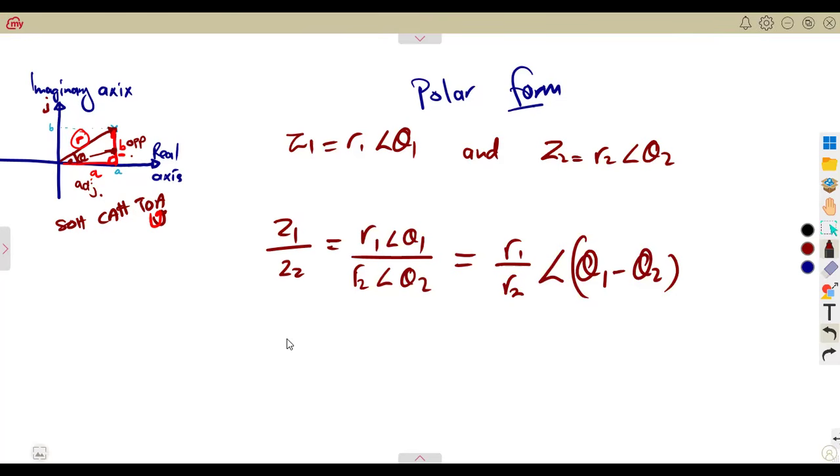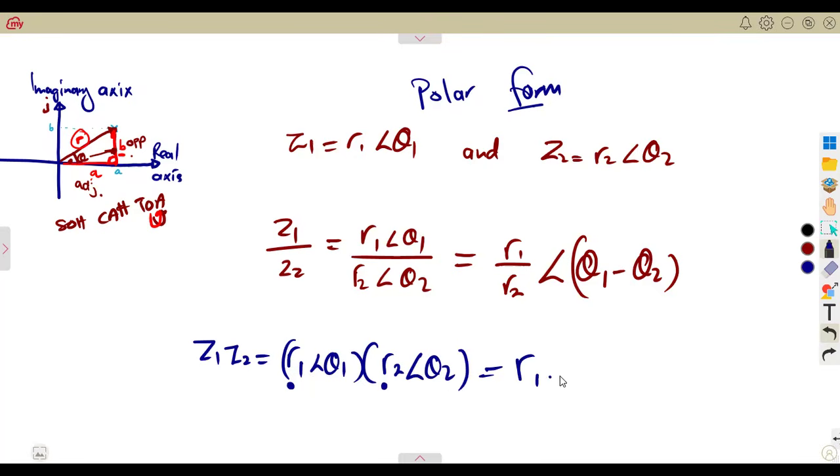That's for a division. If it was a multiplication whereby we've got Z1 multiplied by Z2, it is going to be the product of these two: Z1, which is R1 angle theta 1, multiplied by Z2, which is R2 angle theta 2. So what is going to be the resultant? You multiply the numbers which are outside of these angles, R1 and R2, so it's going to be R1 times R2.